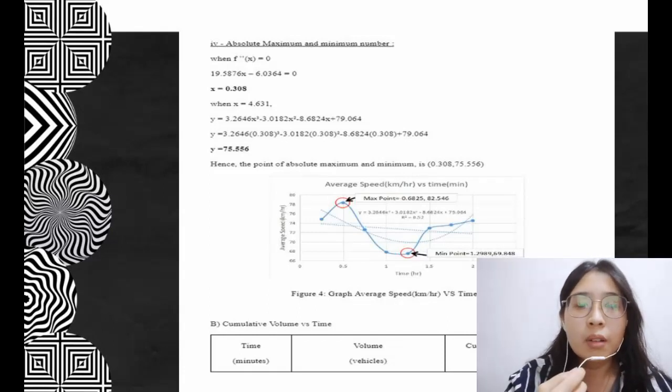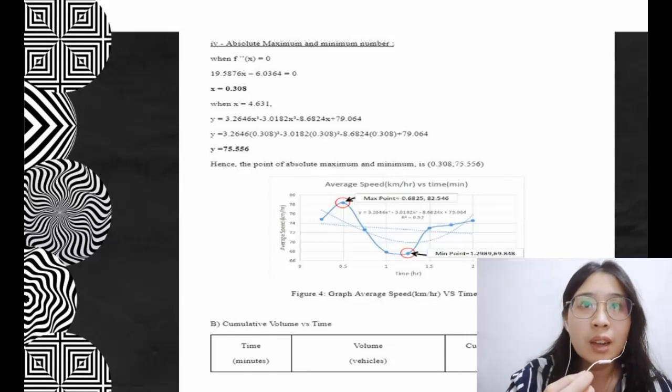Here, I will calculate the relative maximum and minimum, and the absolute maximum and minimum. I will take the second derivative from the first derivative, and then insert the two x values that I got previously. For the x value of negative 0.6825, inserted into the second derivative, we get negative 19.405, which is a negative value, less than 0.